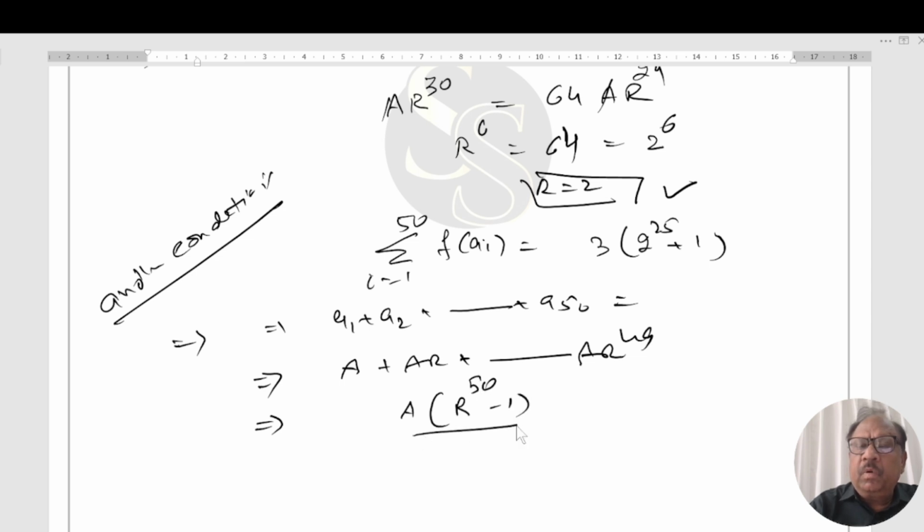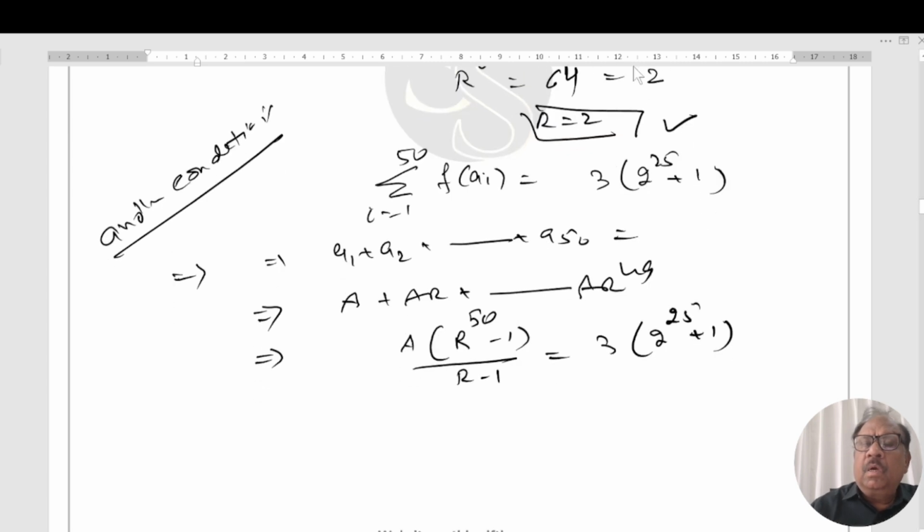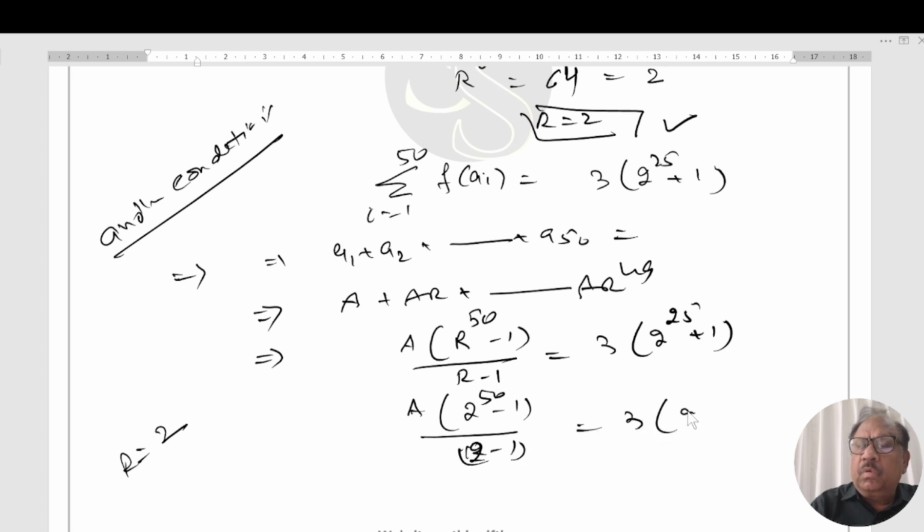So the GP becomes a (r to the power 50 minus 1) upon (r minus 1) equal to 3 times (2 to the power 25 plus 1). The value of r is 2, so a (2 to the power 50 minus 1) upon (2 minus 1) equal to 3 times (2 to the power 25 plus 1).